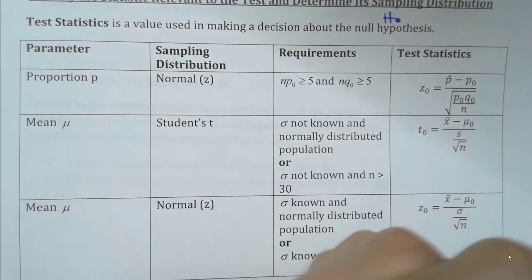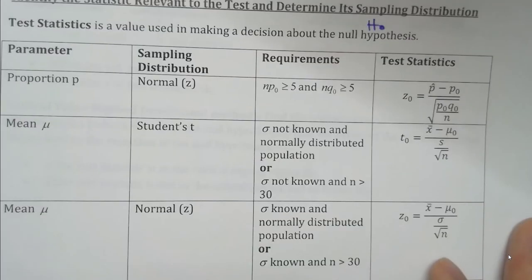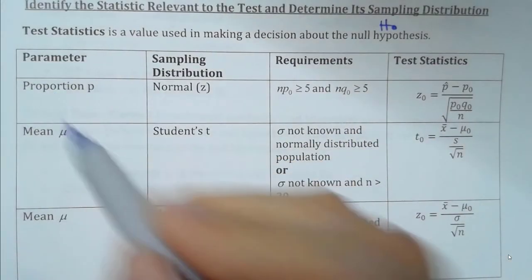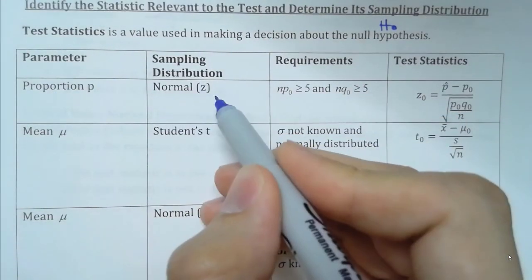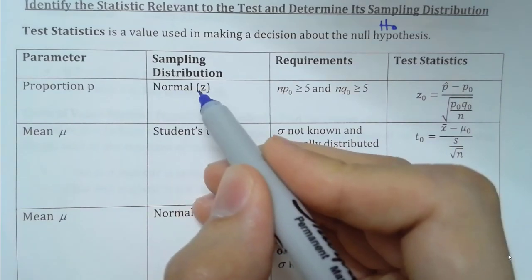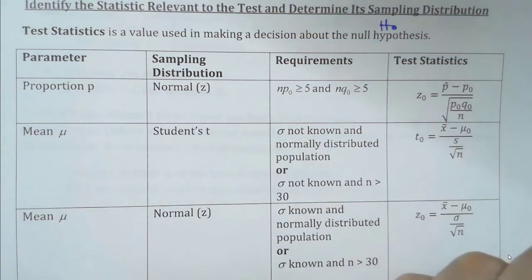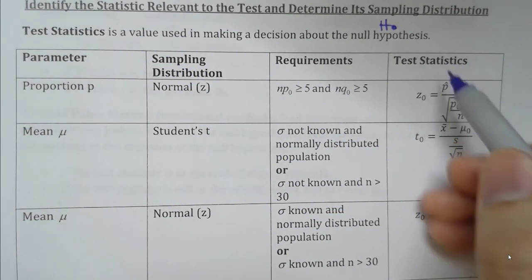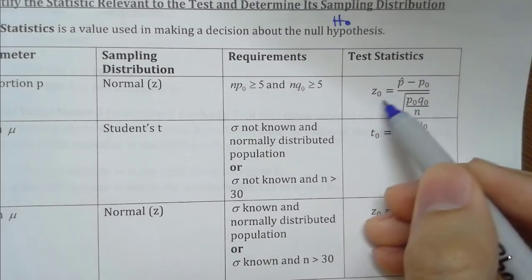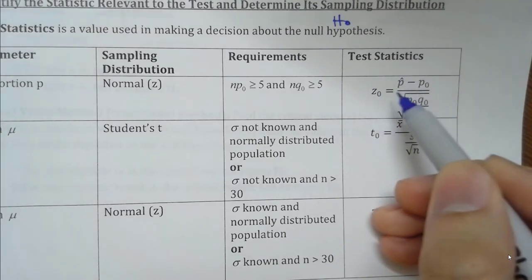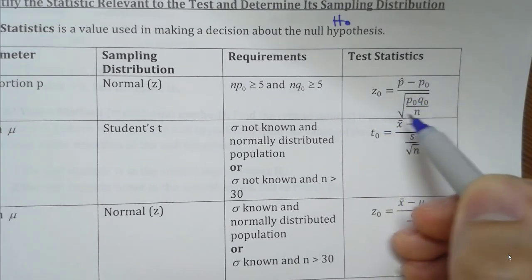The mean is mu. Now, for the sampling distribution, for proportion, we always use the normal z, the normal curve, the standard normal distribution for the sampling distribution. And then the test statistic is found by getting the point estimate p hat minus p naught divided by the square root of p naught q naught over n.